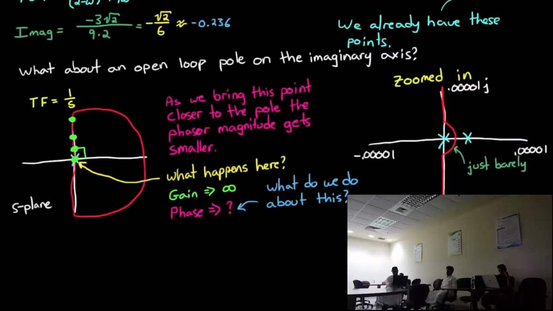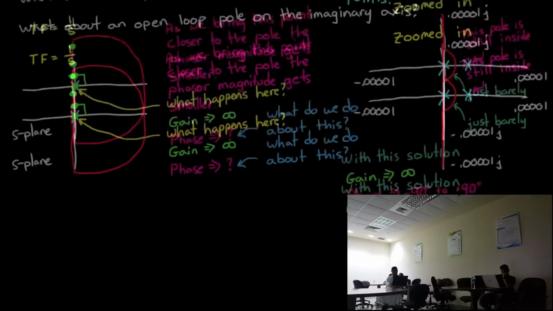The first is that we're still guaranteeing that we haven't accidentally let another close-by pole escape the contour. And the second thing is that we no longer have this indeterminate solution. The gain stays at infinity since we're dividing by a really small number still, but the phase for our phasor very clearly starts at minus 90 degrees and loops around to plus 90 degrees.